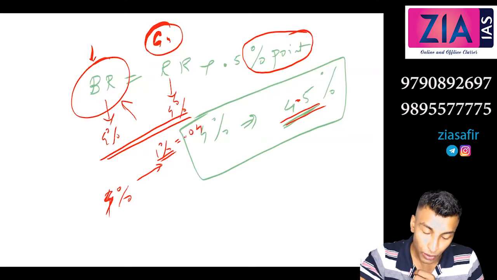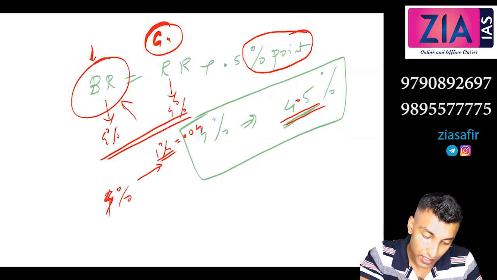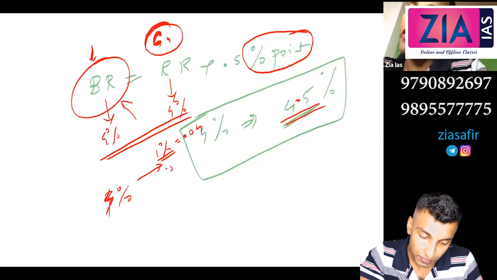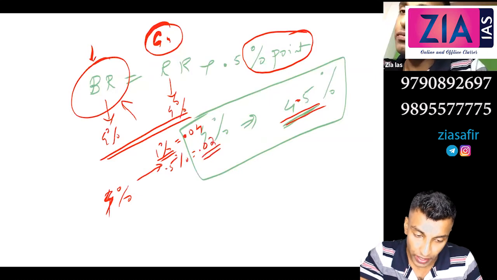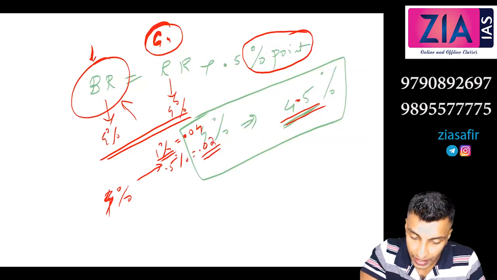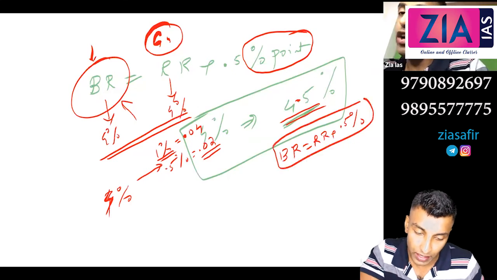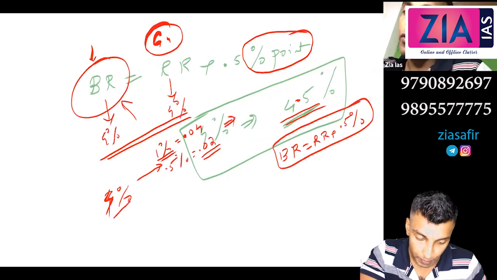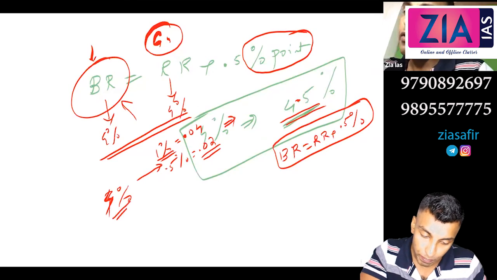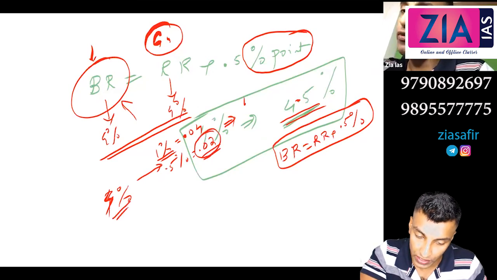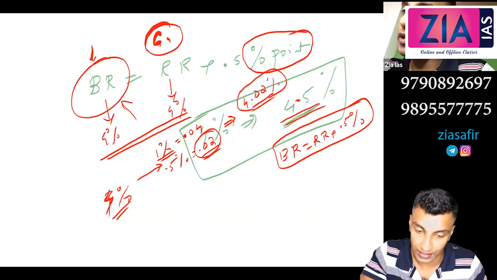Okay, so if I'm saying 0.5%, what is that? Half of this, 0.02, right? So if I'm saying bank rate equal to repo rate plus 0.5%, then what will be the rate? 4 is the repo rate and 4 plus 0.02, so 4.02 should be the bank rate, if I go with percentage. You got it?